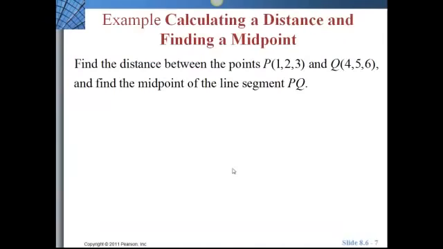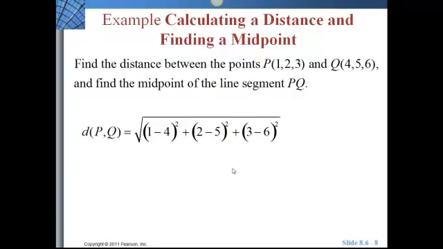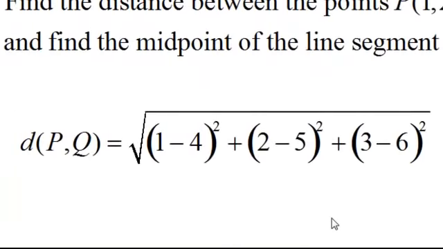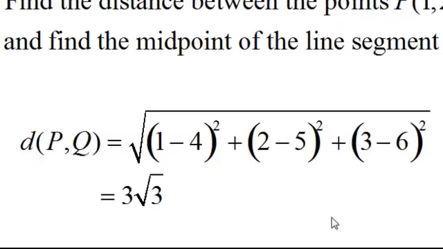So we want to find the distance between the points P (1, 2, 3) and Q (4, 5, 6). And then we'll find the midpoint of the line segment PQ. The distance between P and Q will be the square root of (1 minus 4) squared plus (2 minus 5) squared plus (3 minus 6) squared, which when reduced is 3 root 3.